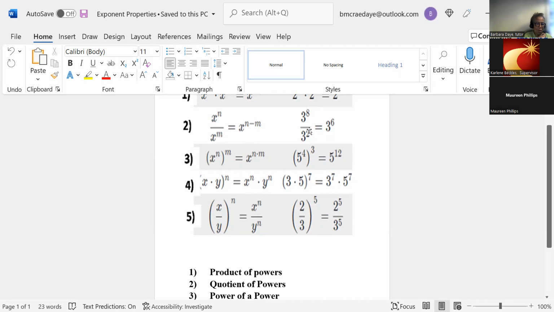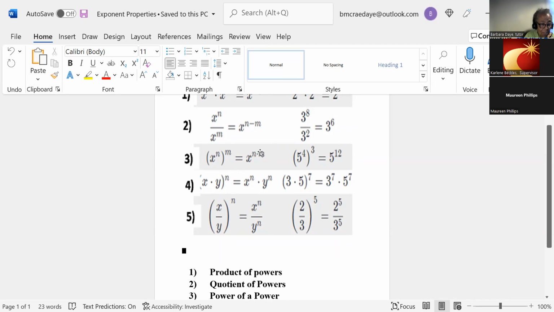Yeah. Okay. Now, number 3 is a power of a power. In other words, you have a power inside the parentheses and a power outside. That's right, Maureen. Very good. And what do you do when you have a power inside the parentheses and one outside? What do you do to those powers? I think multiply them.